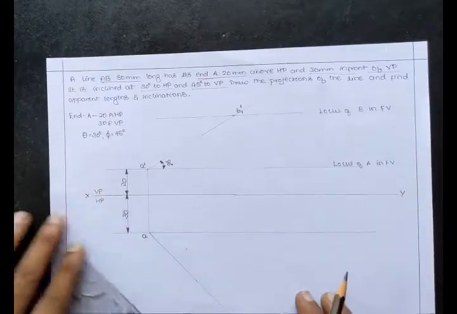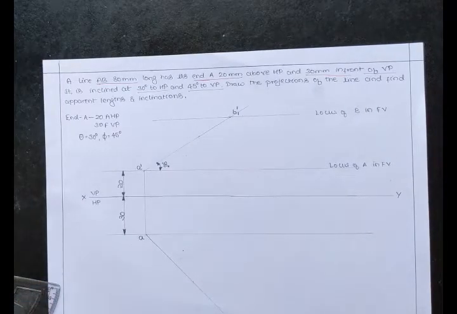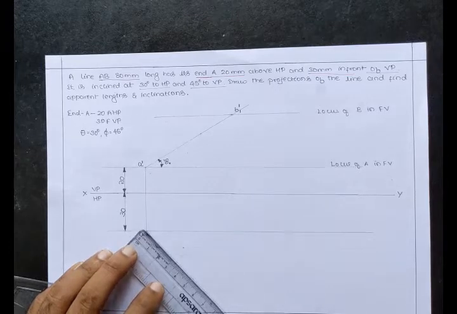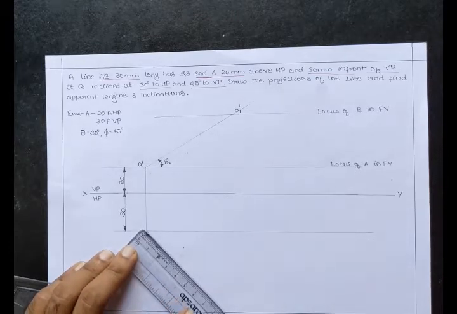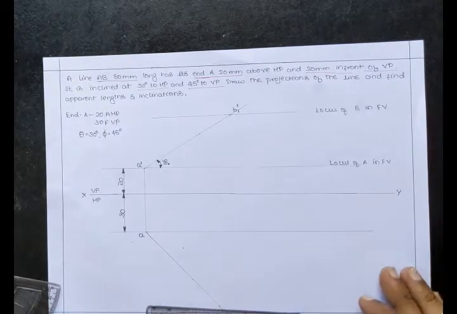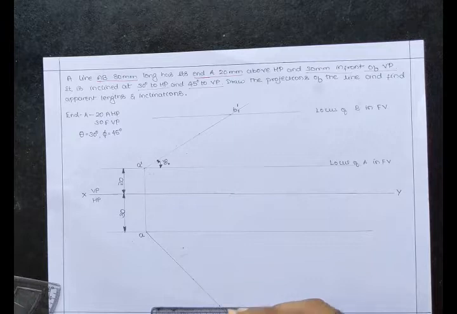Let us not worry about its length, just construct a 45 degree line. Now I have to measure the length equal to 80 millimeter. See, I am getting 80 millimeter somewhere here. I am going to mark it. Then I am going to construct a locus here, locus of B in top view.